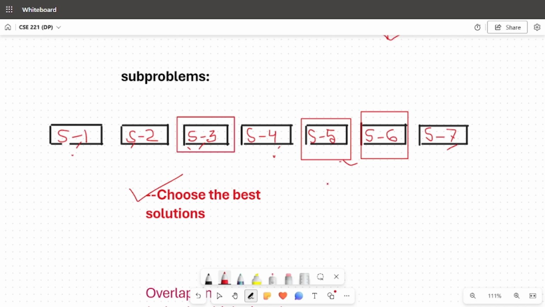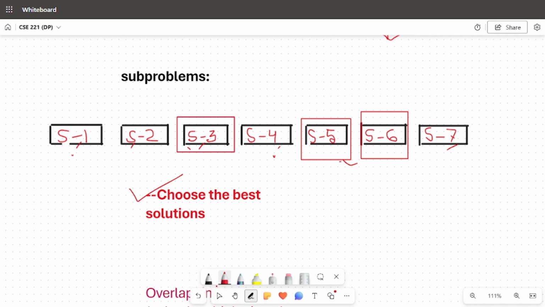So this tree is your best solution. Now the question is, how can you get three best solutions and how will you solve it, right? And what problems will you face while solving these subproblems?